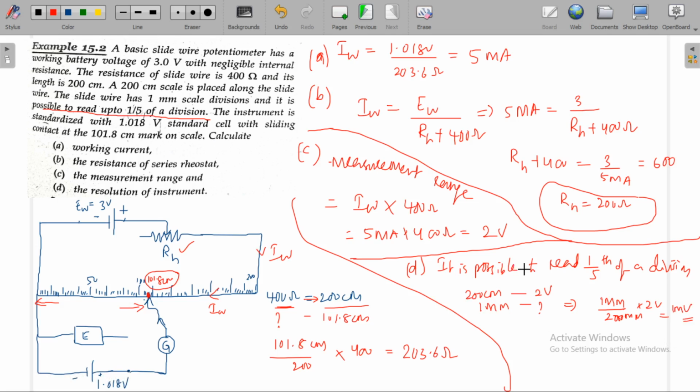It is possible to read 1 by 5th of a division.